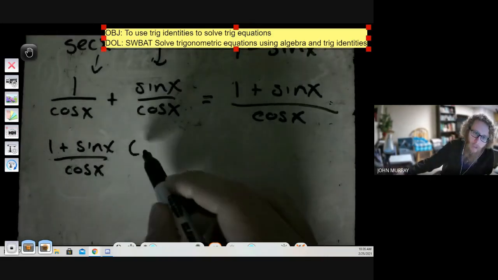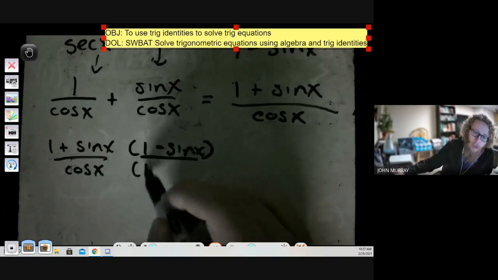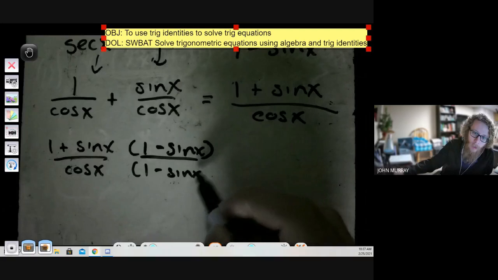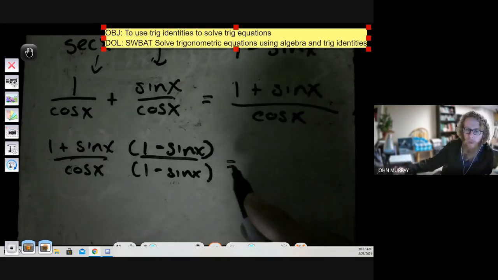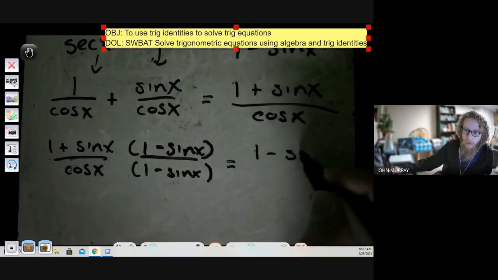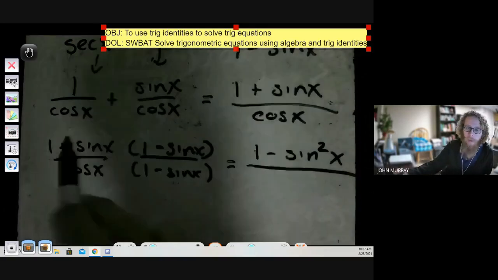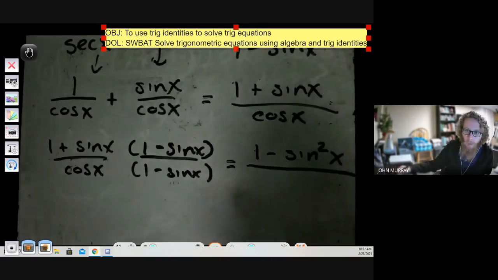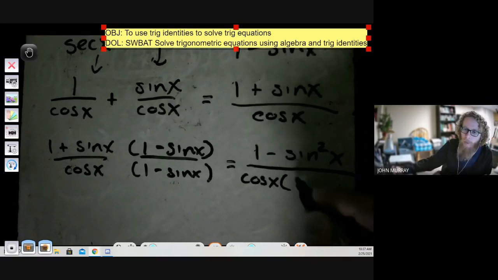I can multiply the numerator and the denominator by 1 minus sine of x. In the numerator, after I FOIL, the middle terms cancel out, and I'm left with 1 minus sine squared. And in the denominator, I'm just going to keep them separate for now.